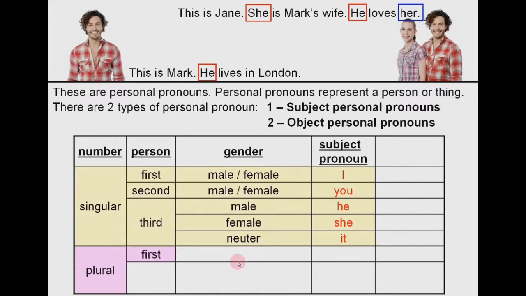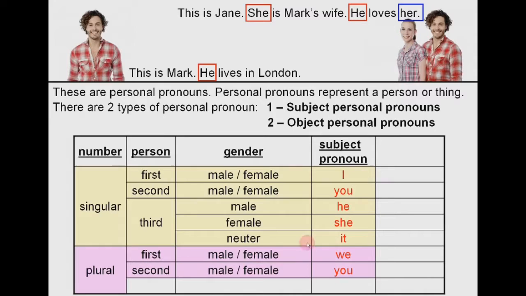In the plural, first person plural, which is male or female, we say we. And second person plural is you. Okay, so we use you in the singular and the plural. And the third person plural, which is male, female, or neuter, if it is a thing, then we say they.